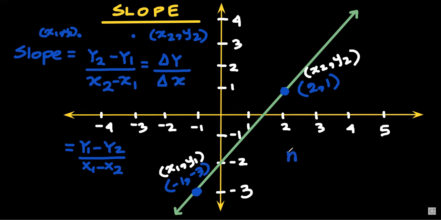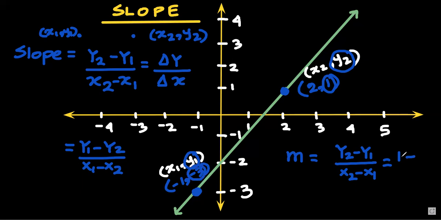So slope is nothing but y2 minus y1 over x2 minus x1. What is y2? You can see y2 here. y2 is 1. So 1 minus what is y1? y1 you can see here, it's -3. So -3, divided by what is x2? x2 is 2.